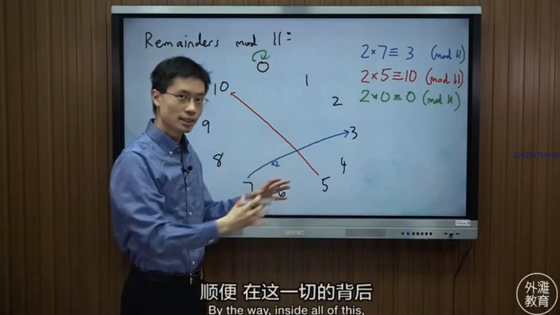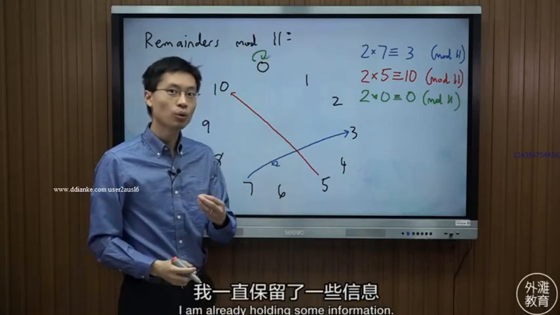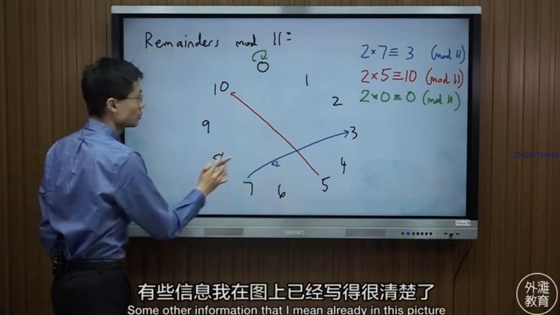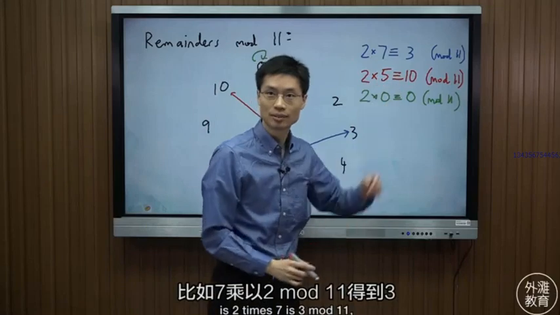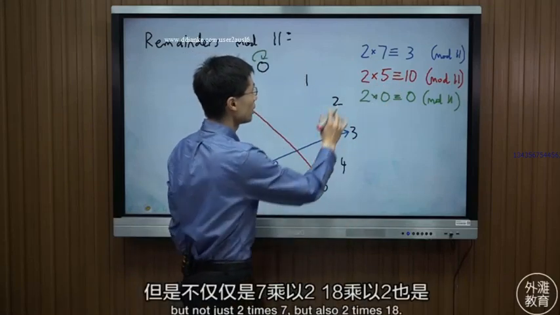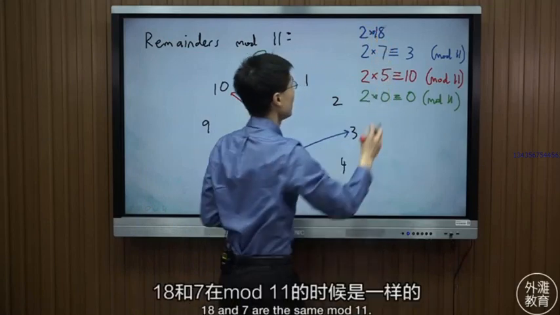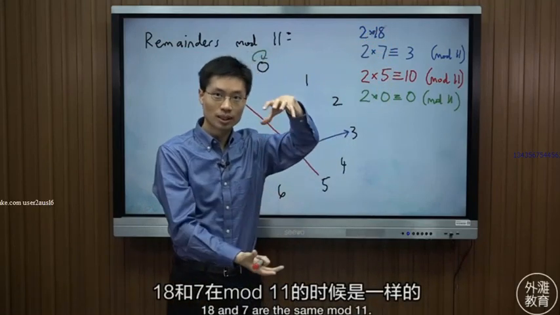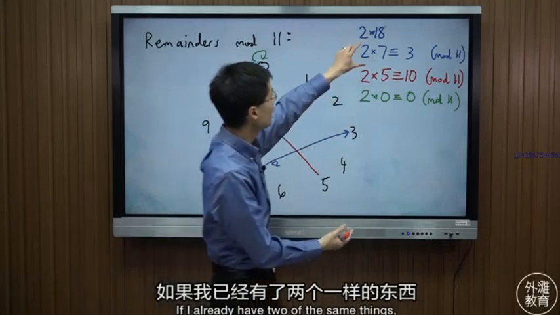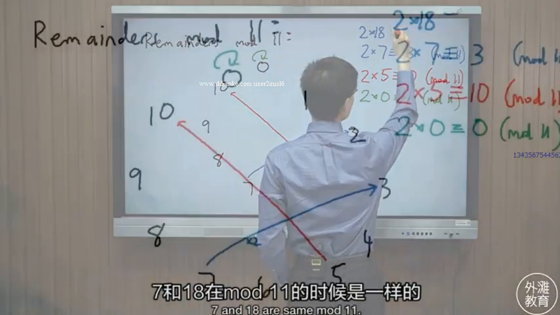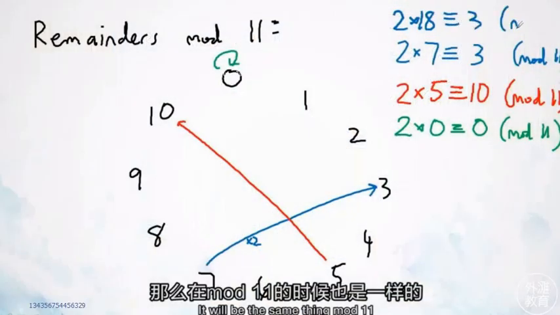By the way, inside all of this, I'm already holding some other information in this picture. Yes, 2 times 7 is 3, mod 11. But not just 2 times 7, also 2 times 18. 18 and 7 are the same, mod 11, so it will be the same thing, mod 11.